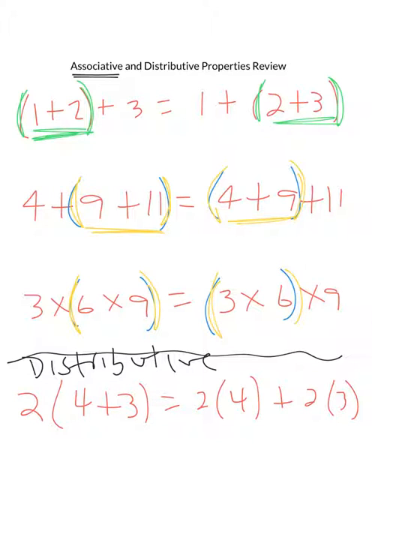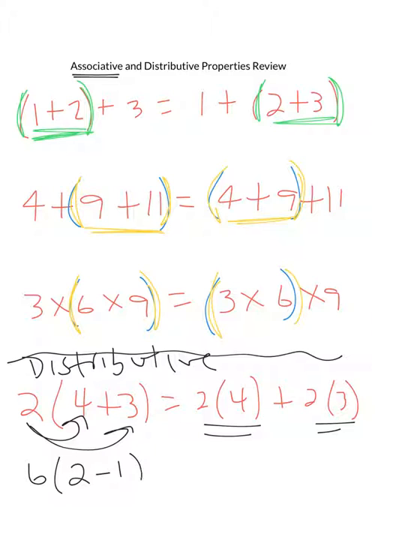Here we have 2 times 4 plus 3, which is the same as 2 times 4 plus 2 times 3. We could have 6 parentheses 2 minus 1, which is the same as 6 times 2 minus 6 times 1.